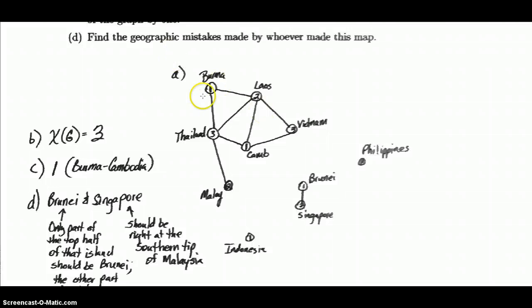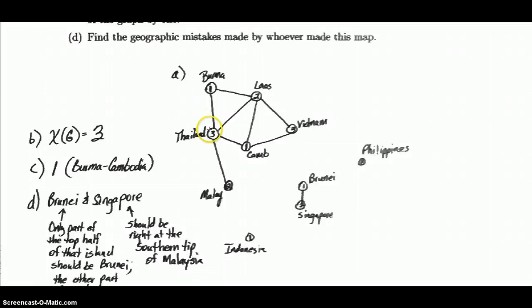Notice that as soon as I see this triangle here, that's called K3. That's the complete graph with 3 vertices. As soon as I see that, I know that my chromatic number is going to be at least 3. If I saw a connection here, for example, I would have K4. So I know my chromatic number would be at least 4.